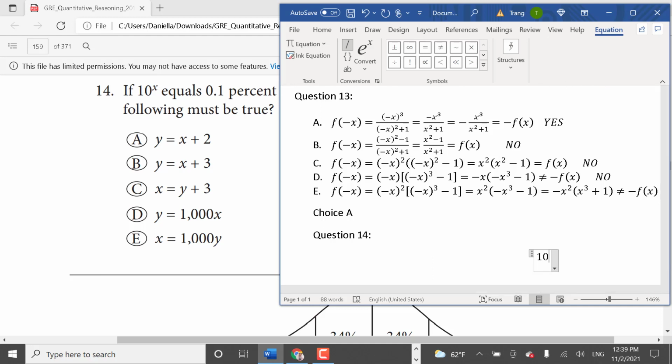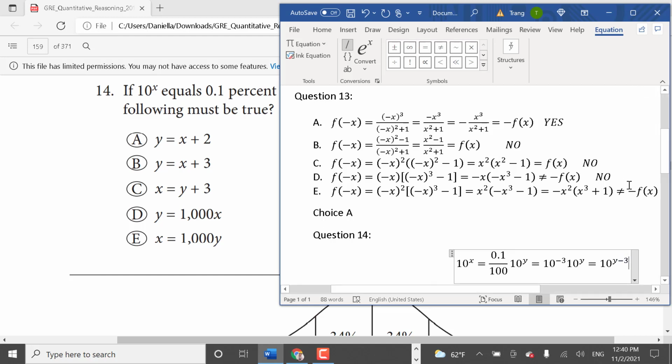We have 10 to the x is equal to 0.1%, so it's like 0.1 over 100 times 10 to the y. 0.1 over 100 is 10 to the negative 3, times 10 to the y. And this should be equal to 10 to the y minus 3.